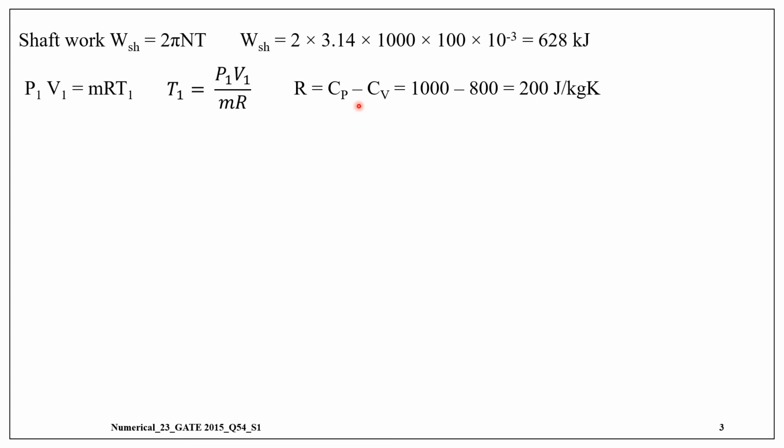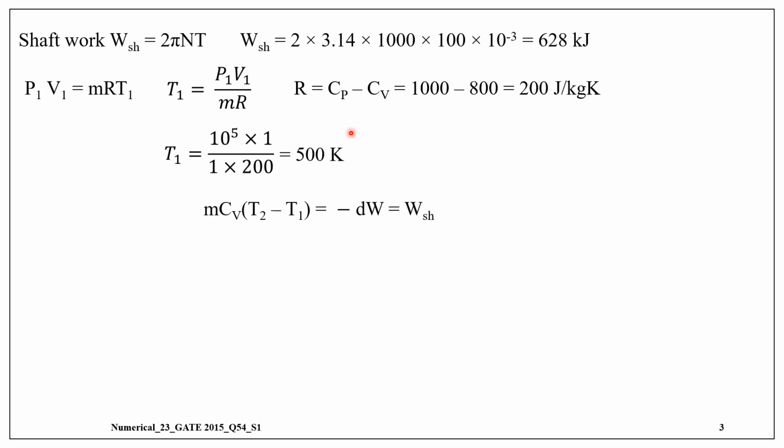R equal to Cp minus Cv. Cp is given as 1000, Cv is given as 800. Therefore, R equal to 200 joules per kilogram Kelvin. Substitution of the variables gives T1 as 500 Kelvin.